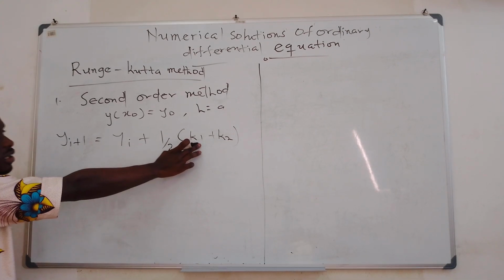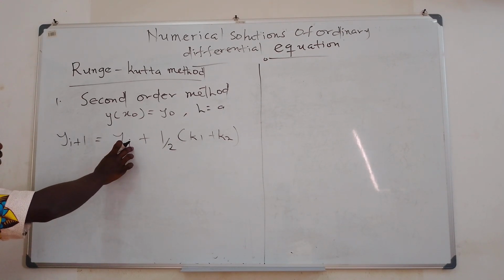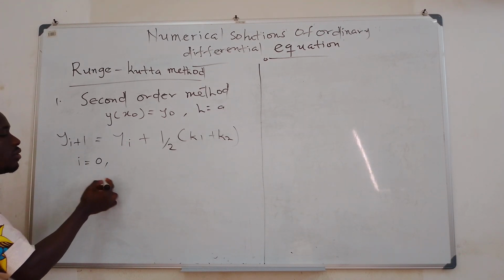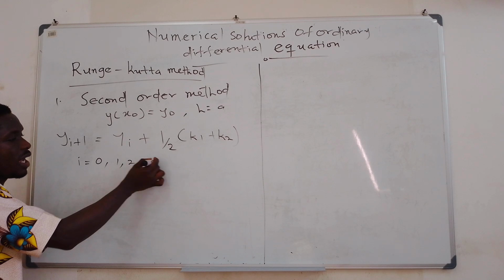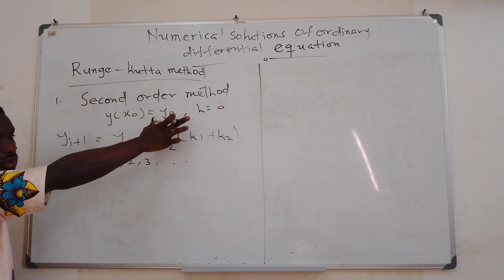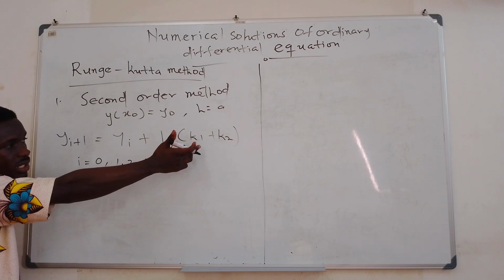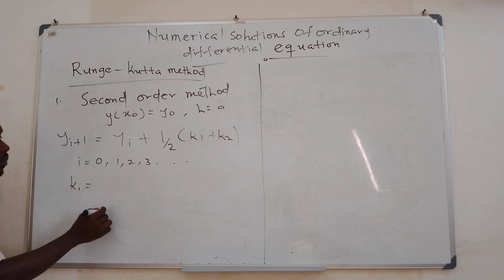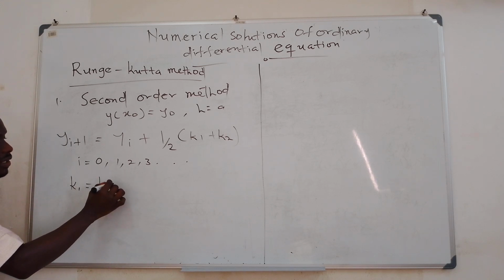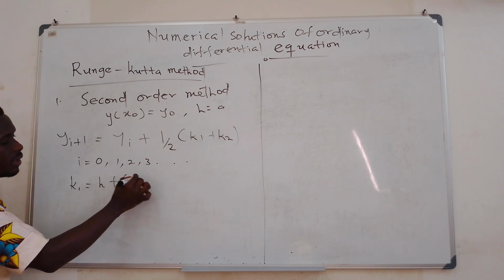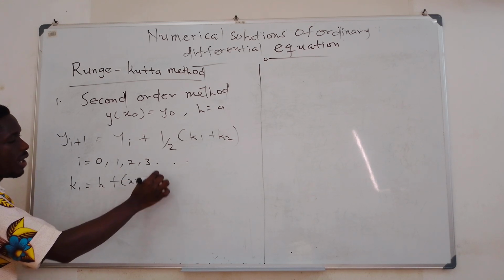This is the algorithm for solving the second order method. Now, we know yi, and i starts from 0, 1, 2, 3, and so on. But k1 and k2 weren't given in the question. So how are you going to get k1? We get k1 by multiplying h by the function f of xi, yi.